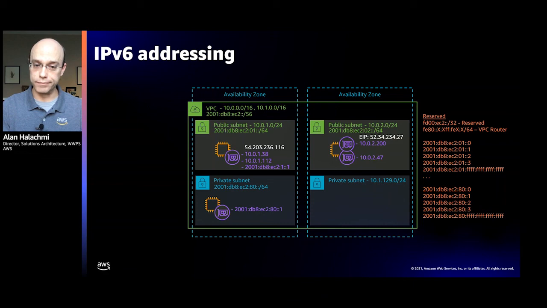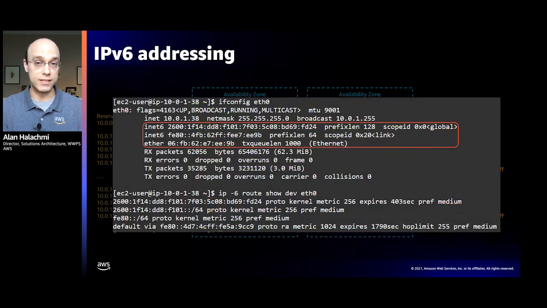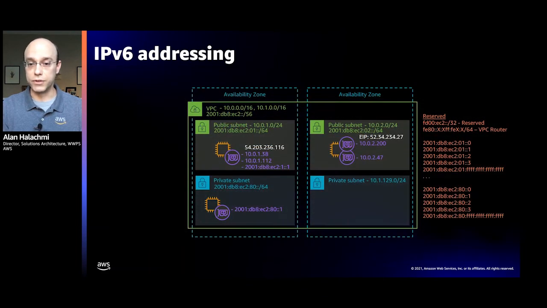Like v4, you can use AWS IPv6 space or bring your own IPv6 addresses in select AWS regions. Today, we do not support multiple IPv6 CIDRs for your VPC, nor do we support elastic IPs for IPv6. One final and important note about your dual stack subnets. If you exhaust your v4 address space, you will be unable to launch new resources into the subnet, even though you'll have plenty of v6 address space remaining.